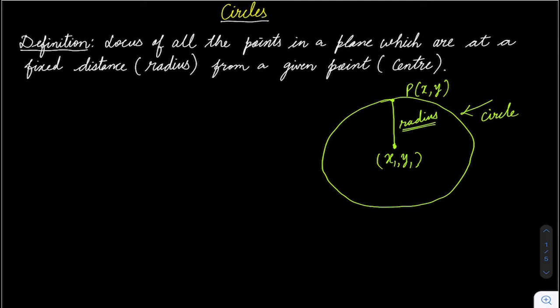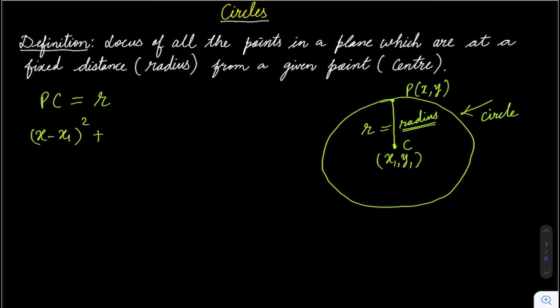So now we can use this definition to find the equation of the circle. Let's say my center is x1, y1, and let's take my radius as r. Now if I use the distance formula between P and this center C, I will get PC as r, that is the radius. So what is the PC distance?